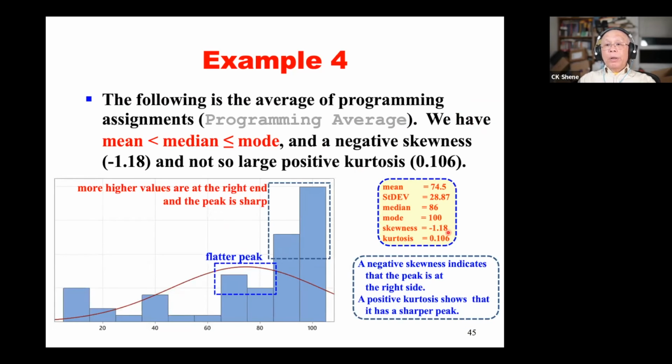We learned earlier, this is not symmetric, and the kurtosis is not so small, but not so large. So its tail, at least this part, probably follows a normal distribution, not very closely. So a positive kurtosis shows that it has a sharper peak going up this way.